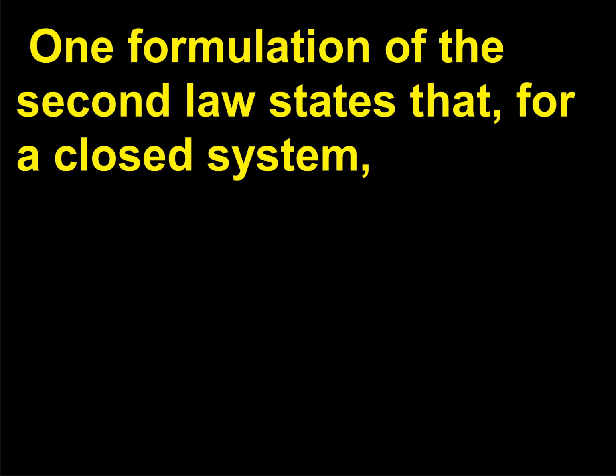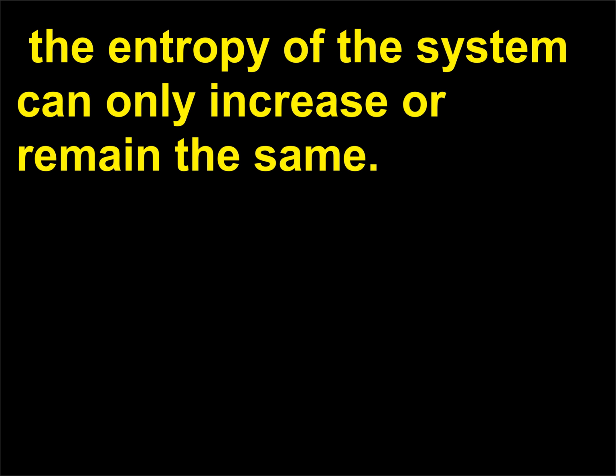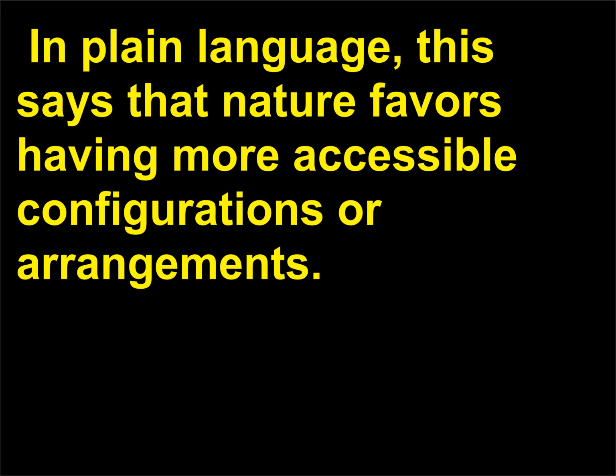One formulation of the second law states that, for a closed system, the entropy of the system can only increase or remain the same. In plain language, this says that nature favors having more accessible configurations or arrangements.